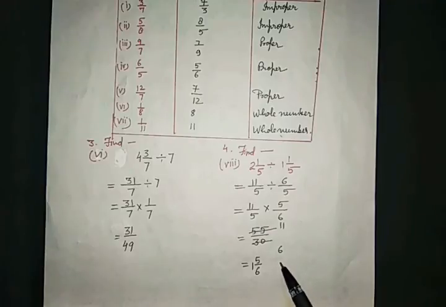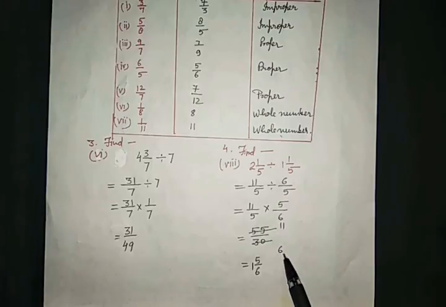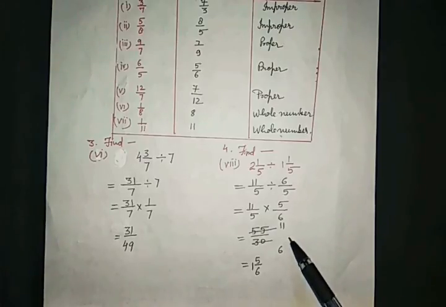We have to convert 11 upon 6 into a mixed fraction. Here we will convert, because 11 upon 6 is an improper fraction, and there 31 upon 49 was a proper fraction. So here only we will convert the fraction into a mixed fraction.